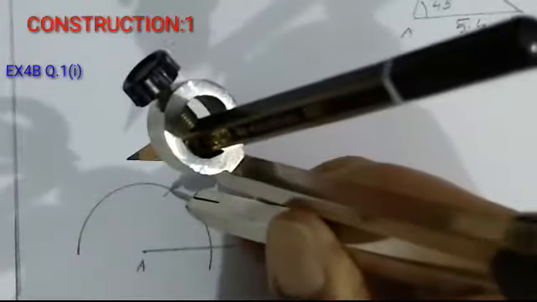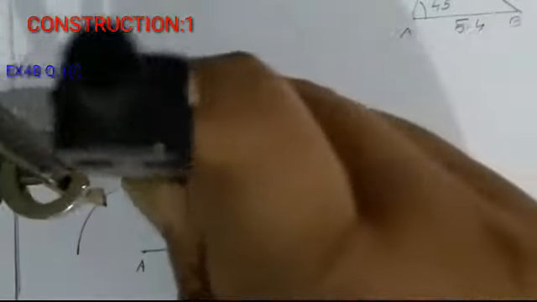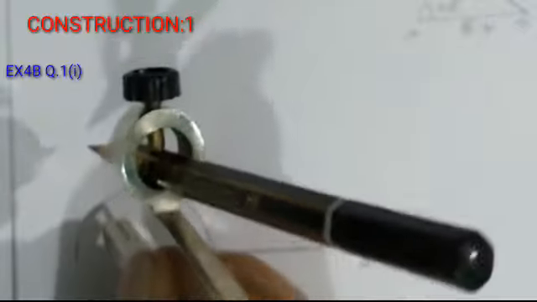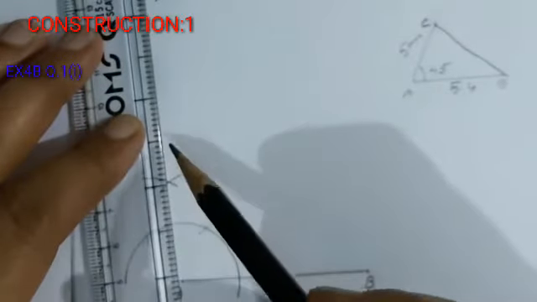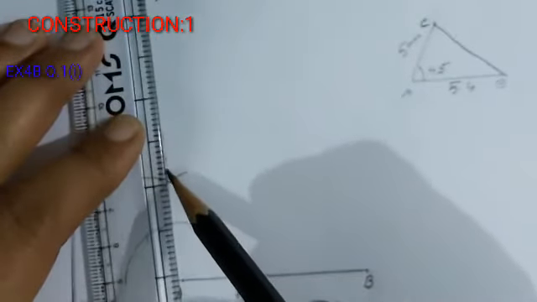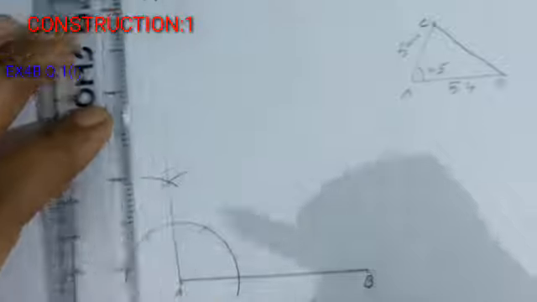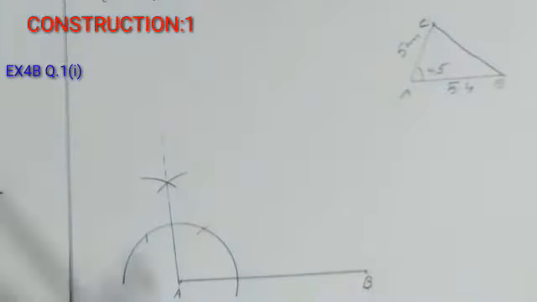So let me make an angle of 90 first. It was taught in the construction work, chapter 3. So before proceeding to the construction of triangle, children, keep practicing the construction of angles. This is angle of 90 degree. When you bisect, you will get the angle of 45 degree.